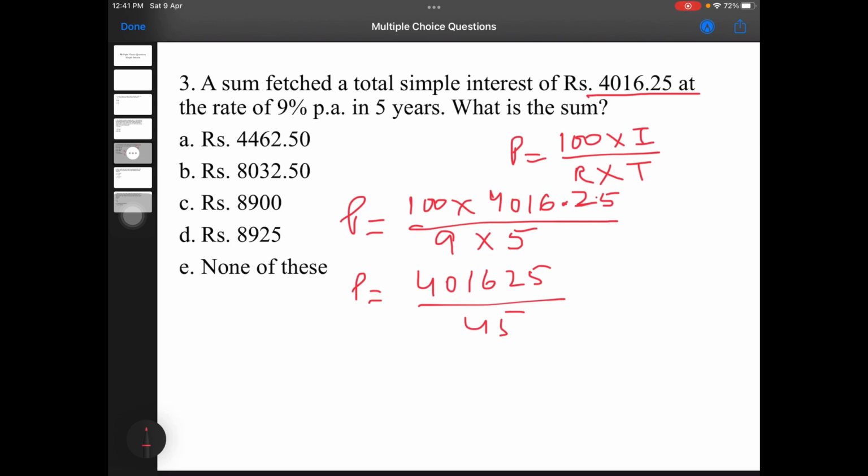If we divide 401625 by 45, it will be 8925. So this is the principal amount which he invested. So the correct option here is option D, which is 8,925 rupees.